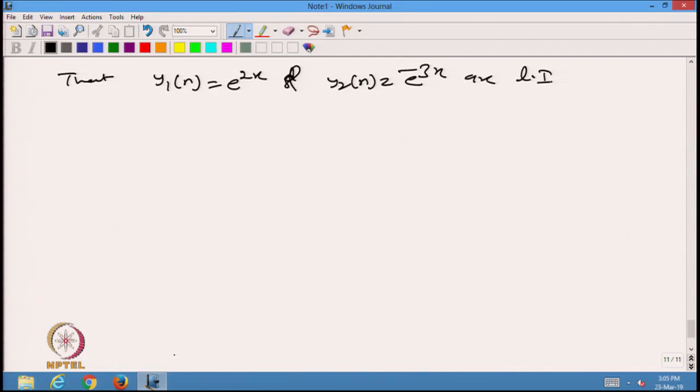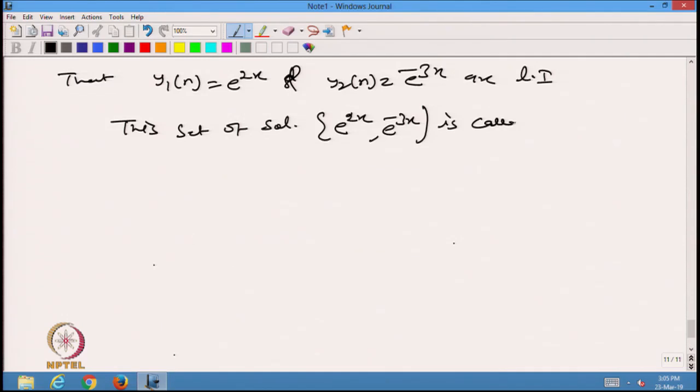If they are linearly independent, then this set of solutions, e to the 2x and e to the minus 3x, is called a fundamental solution of the given differential equation.